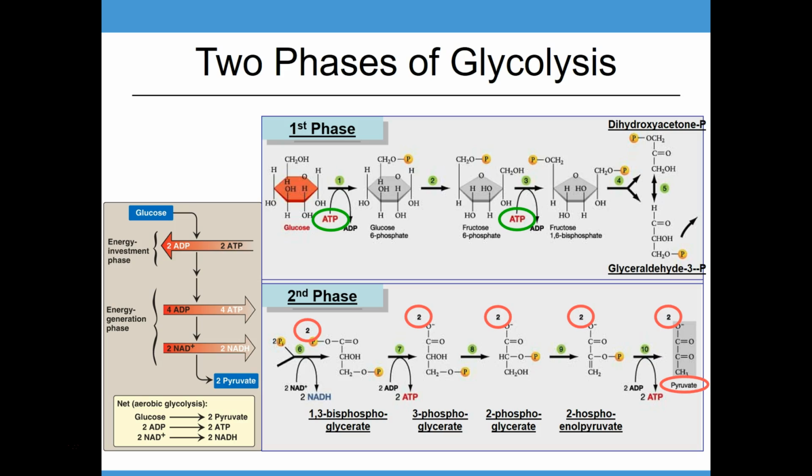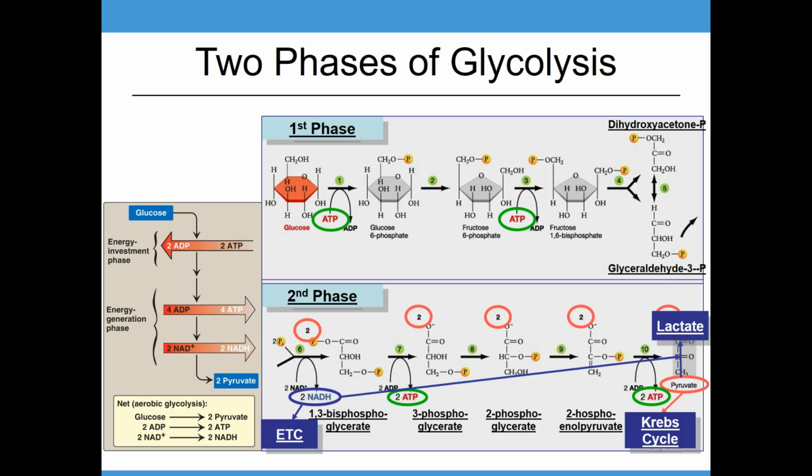During the second phase, the total 4 ATPs and 2 NADH units are generated, and under aerobic condition, NADH would further be oxidized in electron transport system, and pyruvate would go to Krebs cycle, which will be covered in the following module.